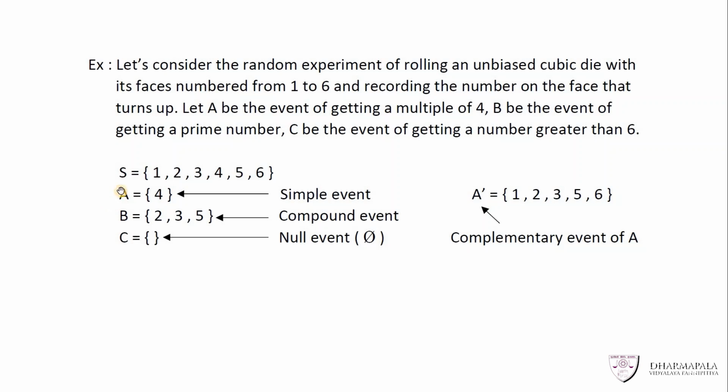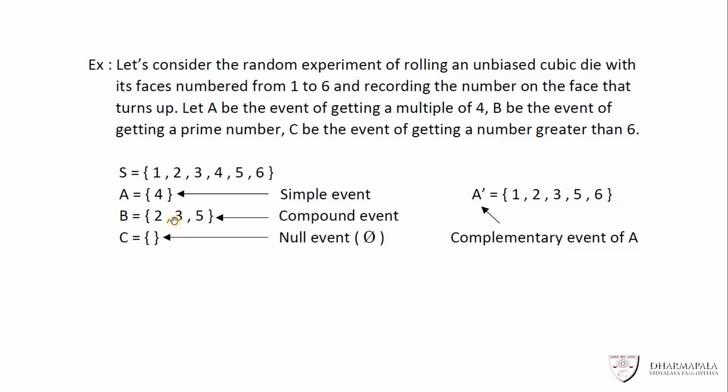A is the event of getting a multiple of 4, so you can see only one outcome is here from the sample space. B is the event of getting a prime number. The prime numbers are 2, 3 and 5, so there are 3 outcomes. C is the event of getting a number greater than 6, so it is clear we won't be getting an outcome like that.